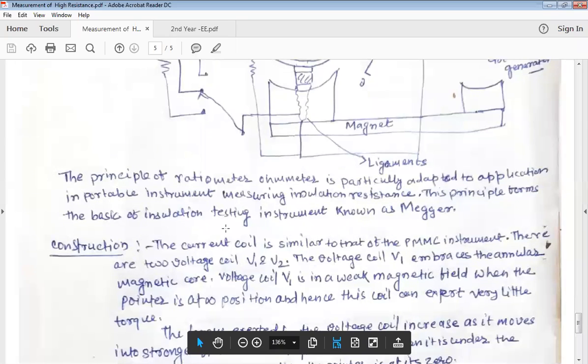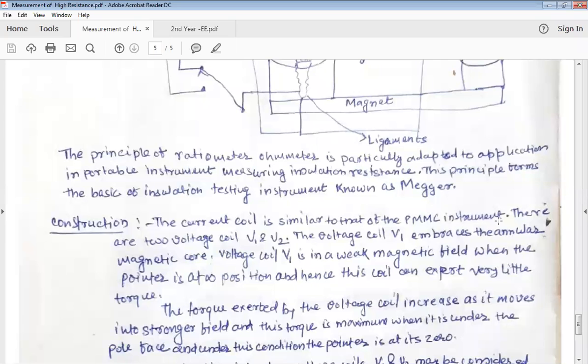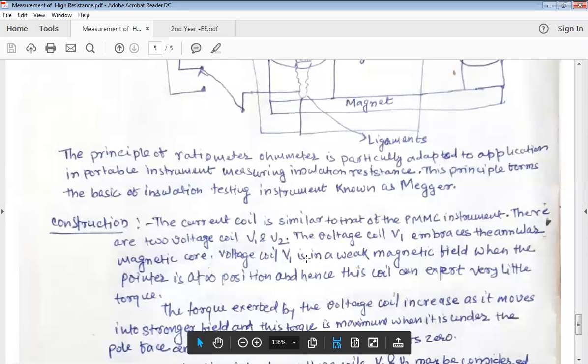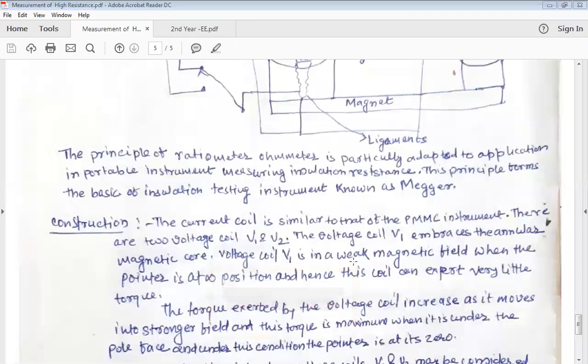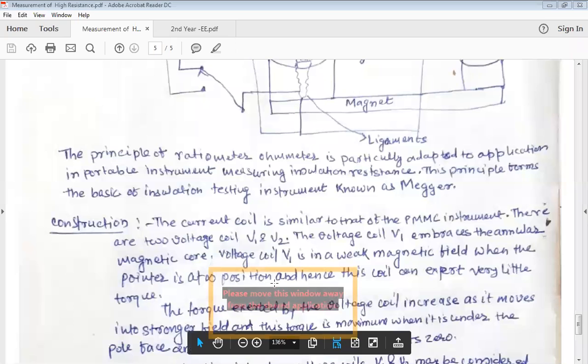So look here, the current coil is similar to the PMMC instrument, and there are two voltage coils, V1 and V2. The voltage coil V1 is embraced with the angular magnetic core, and voltage coil V1 is in the weak magnetic field when the pointer is at infinity position. Hence this coil can exert very little torque.